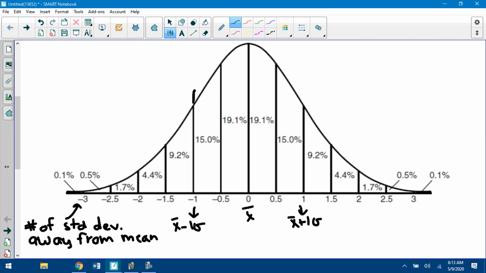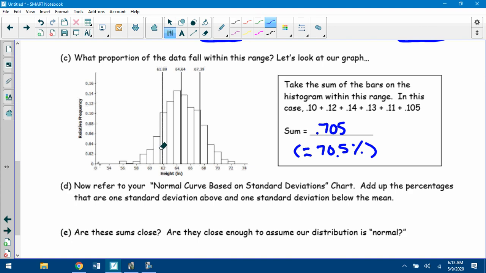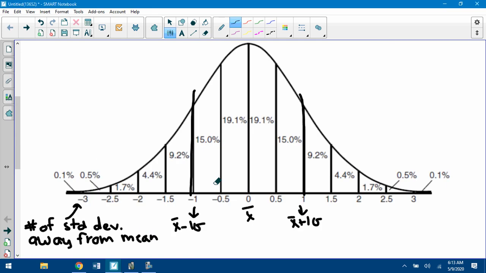If I want to look between here and here, it's kind of like what I just did with my specific example with the women's heights. I added up the percentages that fell in this range, and that's what this does. Here I've got 15.0, 19.1, 19.1, and 15.0.